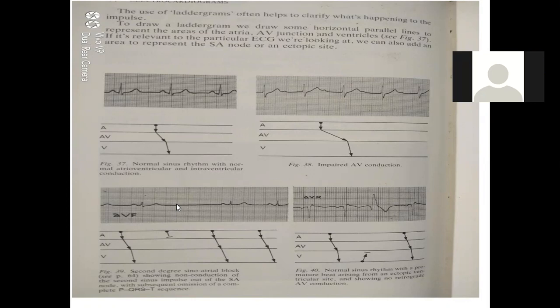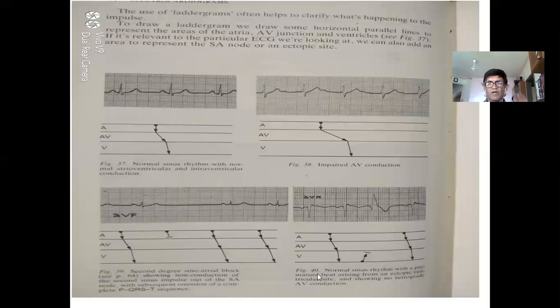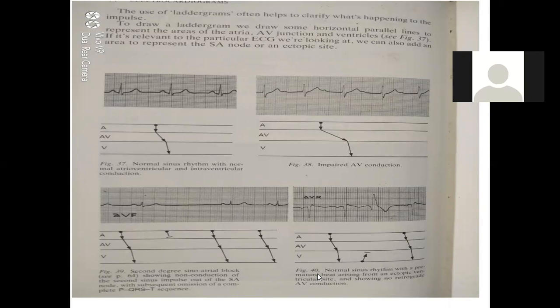Can we go to figure 40? Can anyone read and tell me what is happening here? Is it readable? It's a normal sinus rhythm with a premature beat arising from an ectopic ventricular site and showing no retrograde AV conduction.